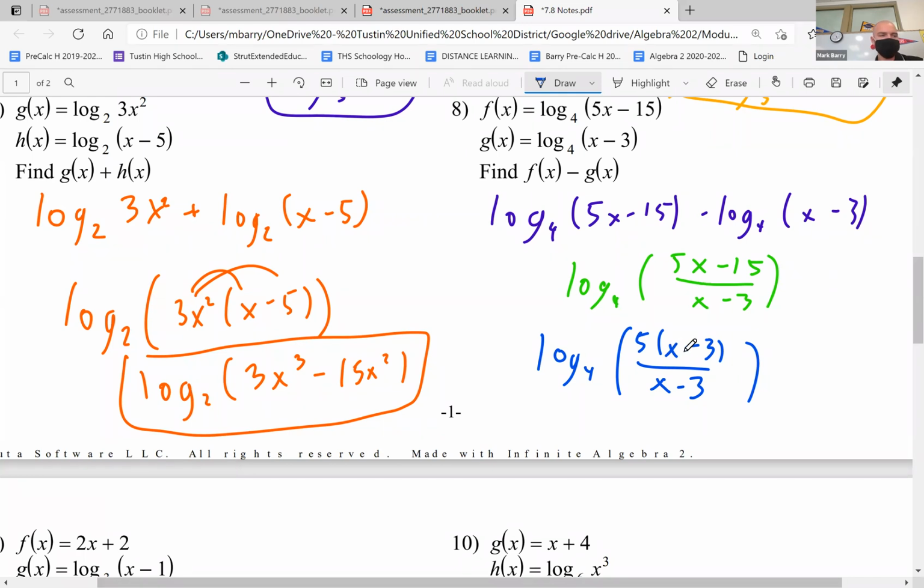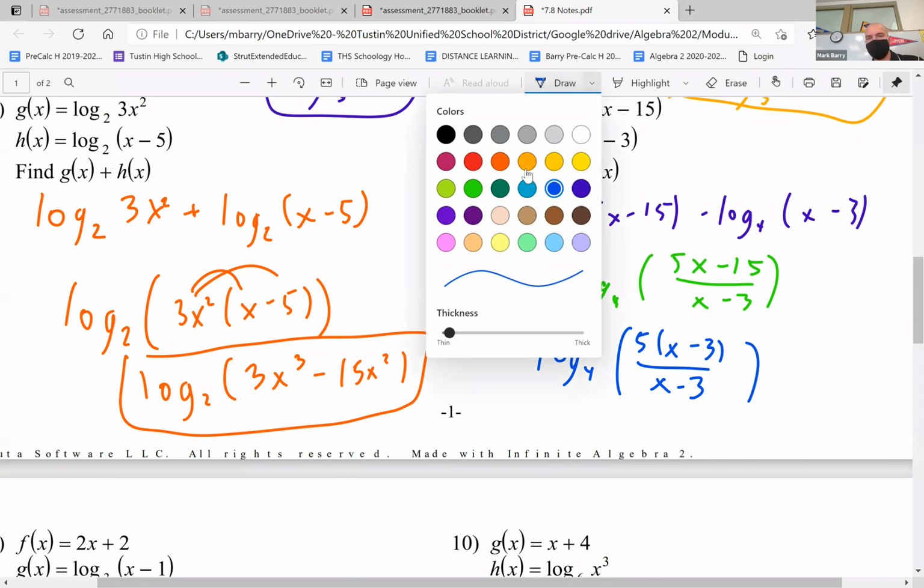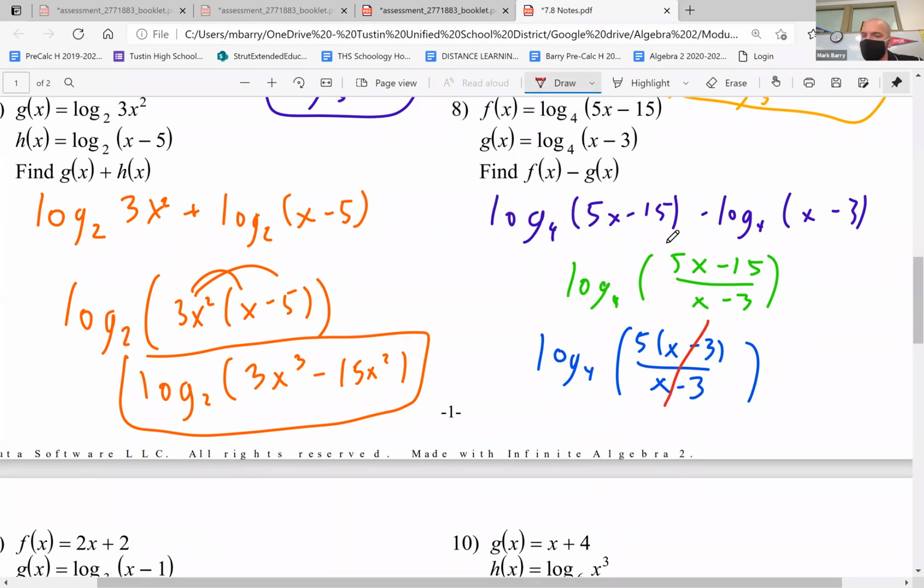So this becomes just x and then minus 3. All right. Well, does that help me simplify it? I would say yes, because now what can I do? Can cancel down the x minus 3's. So I'm just left with log base 4 of 5.